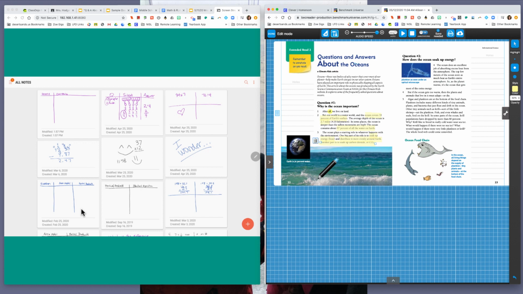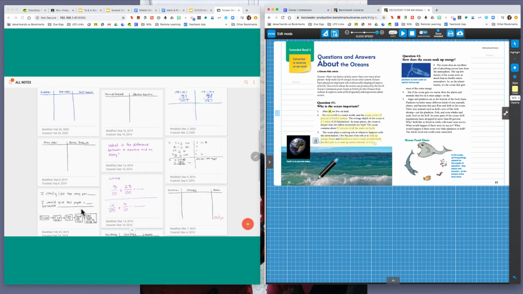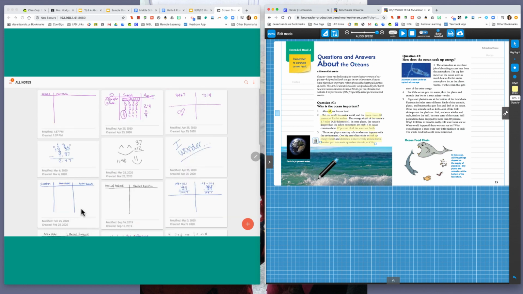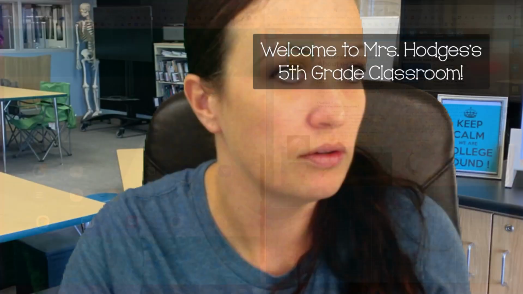Sorry, I'm trying to find the one I just did. Disappeared on me. Oh well. Okay. On my source and details side, I would just change the page number, write 23, and then write the details on the other side. Okay. Let me go back to our regular screen.